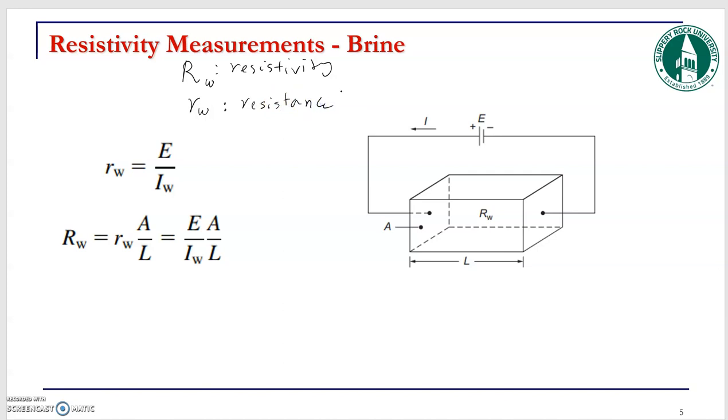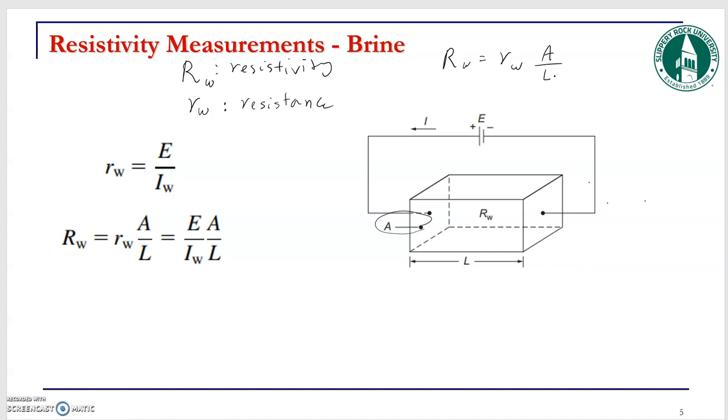So the resistance and resistivity are related to each other by means of the cross-sectional area of your bucket, which you can see is shown here. This is the cross-sectional area perpendicular to the electrical current divided by the length of your bucket. Okay, so this is how resistance and resistivity are related to each other.